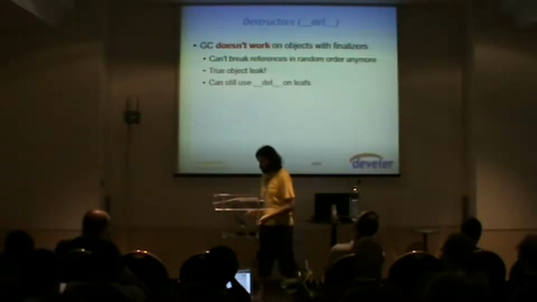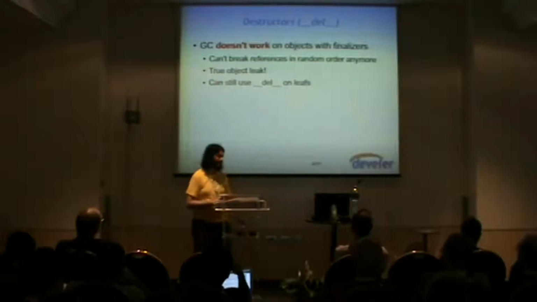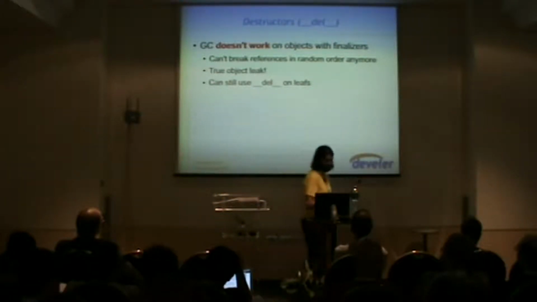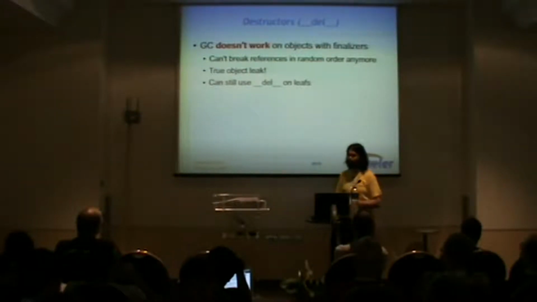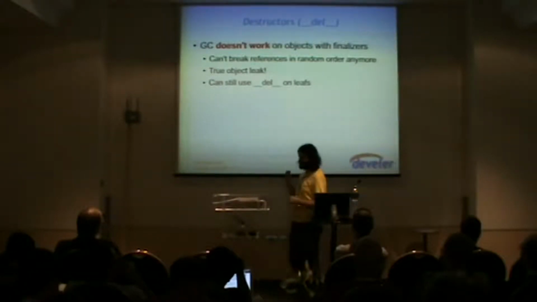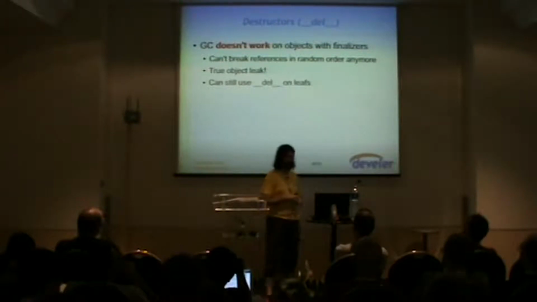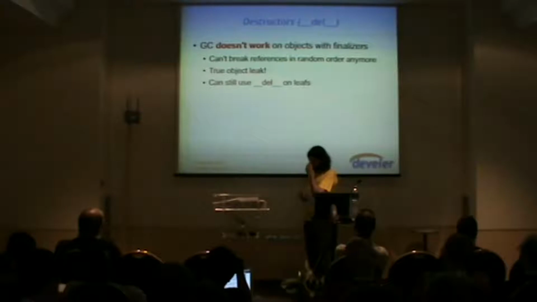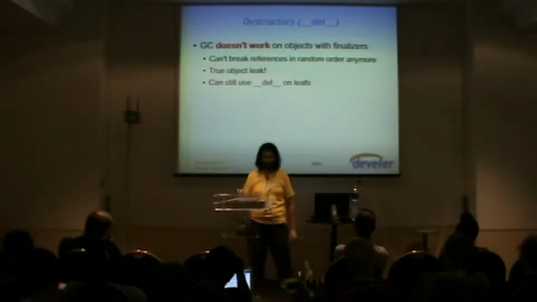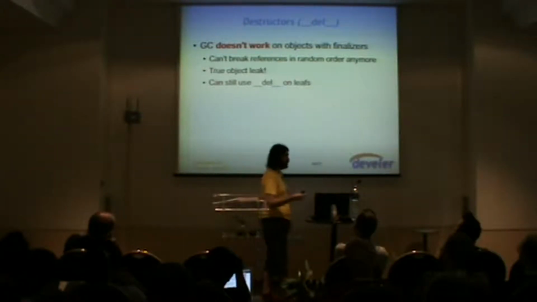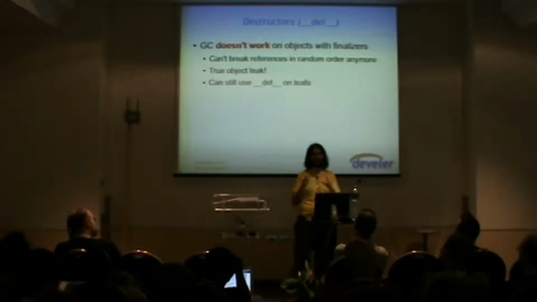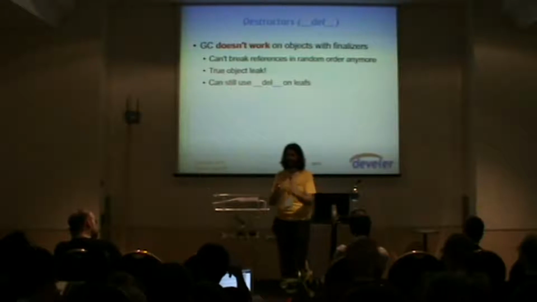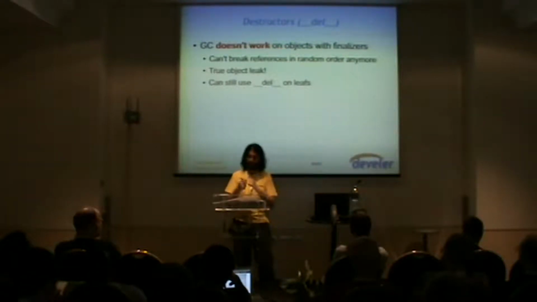But GC also doesn't work in some cases. For instance, it doesn't work on objects with finalizers. So if you have an object with a __del__ function defined, the GC doesn't work. And why doesn't it work? Because it cannot break references in random order anymore. When you write your nice __del__ code, you expect that the object is in the state it was just before its destruction, right?